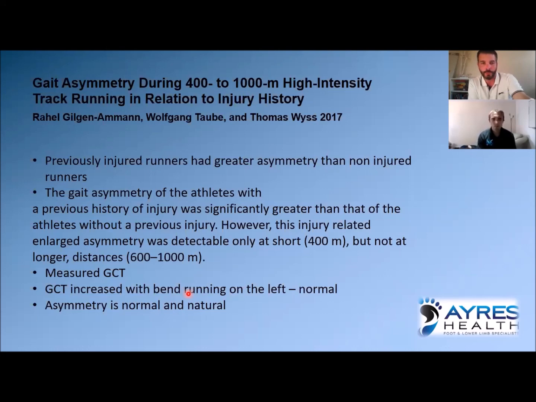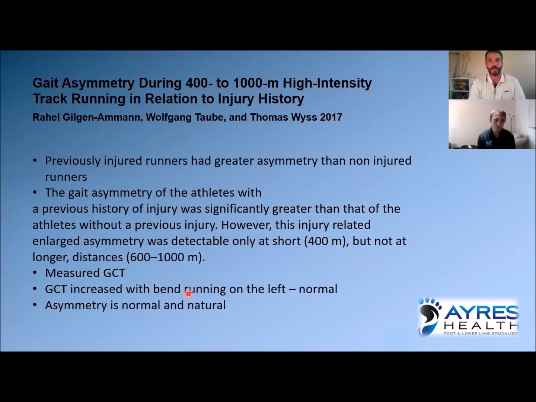So for these people running 400 meters, one go around the track, we would expect to see a big asymmetry. It's quite normal. So the conclusion from that paper was that the asymmetry is normal and natural, which you would definitely think in a track runner running around bends.